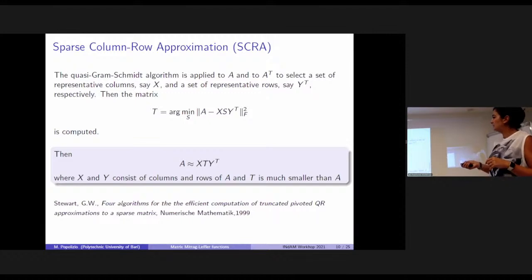Once we compute T, we approximate A by the product X T Y transpose. The interesting fact is that X and Y consist of columns and rows of A, and so they are sparse. So this is a good method when we want to exploit the sparsity of the matrix argument A. And this block T is much smaller than A.